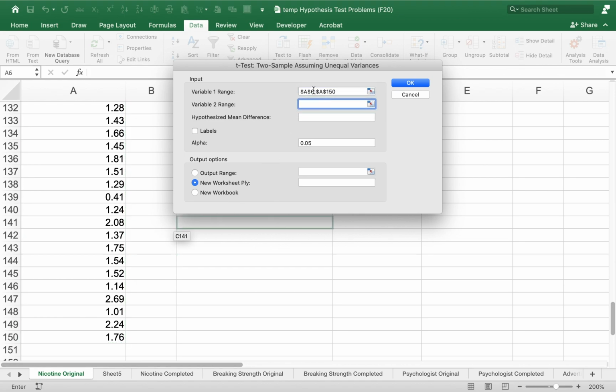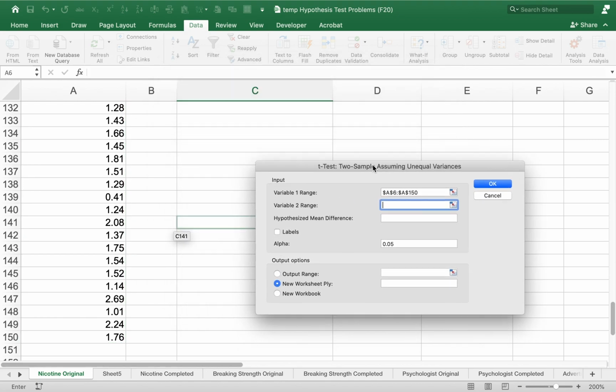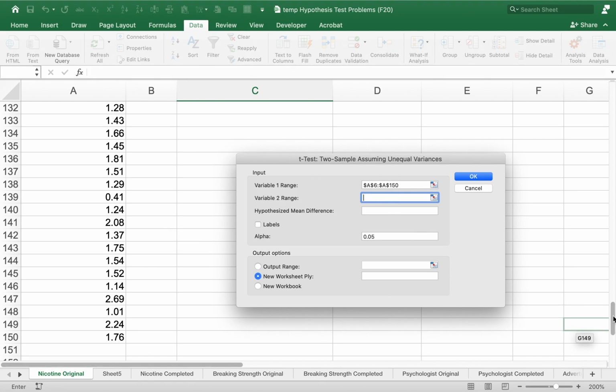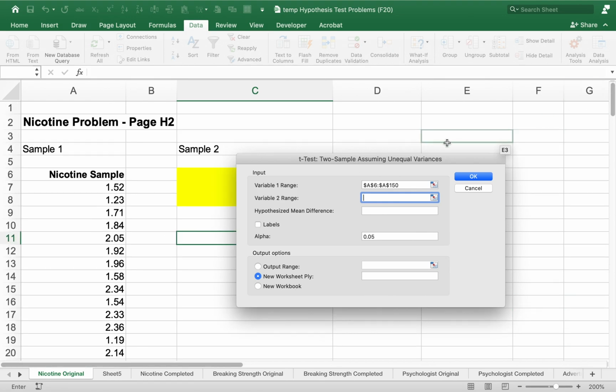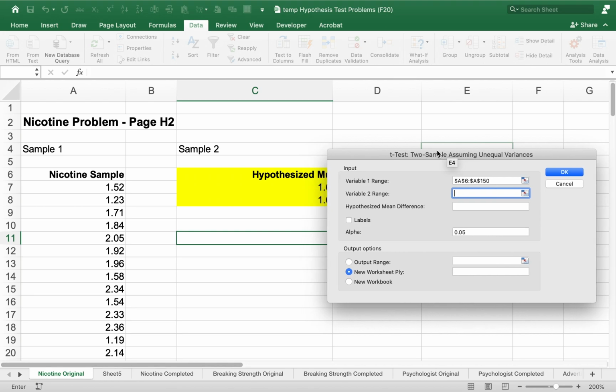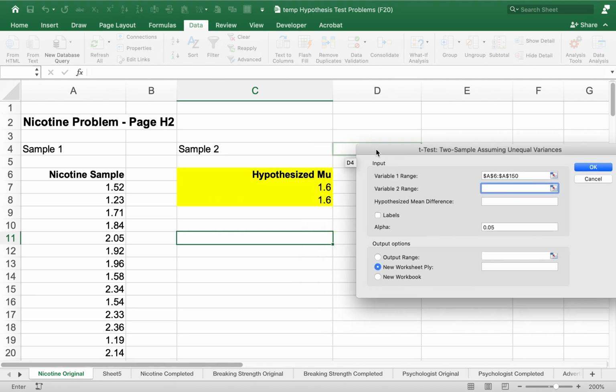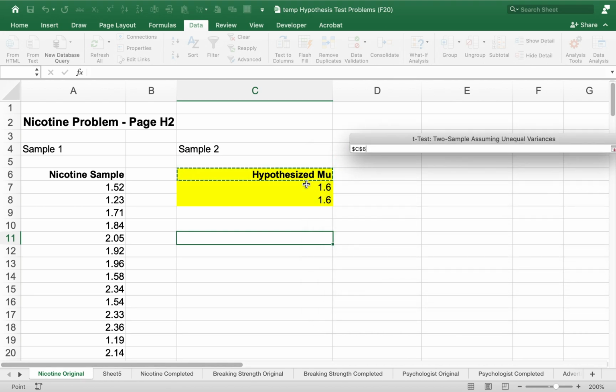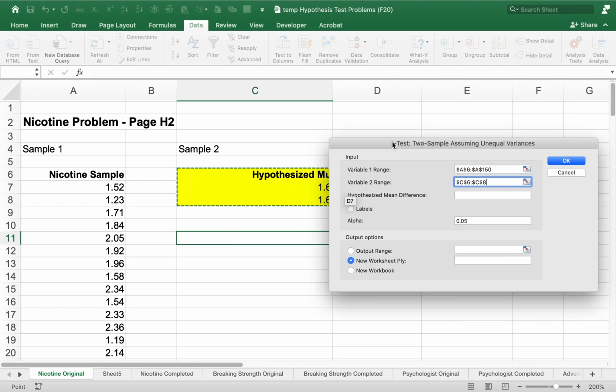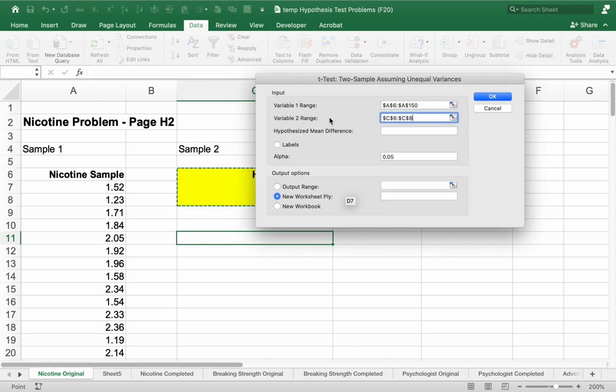The variable 2 range is, let me scroll back up here, are these 3 guys right here. The title and then the 2 1.6s. The difference between these two is hypothesized to be 0.